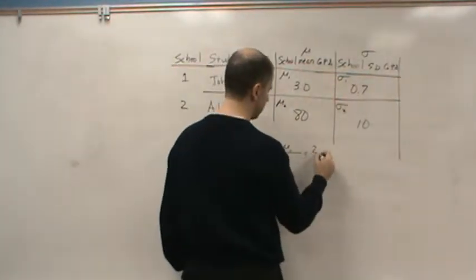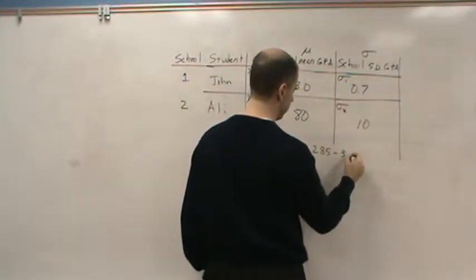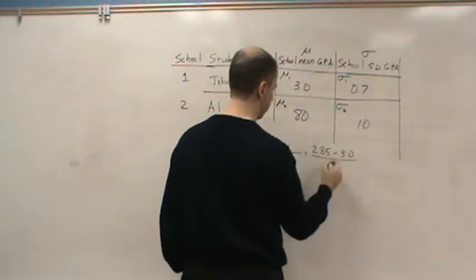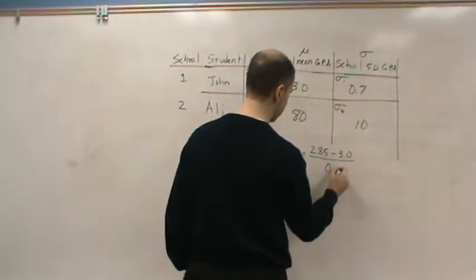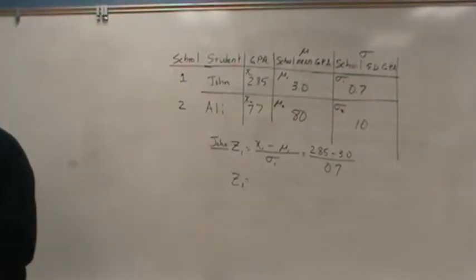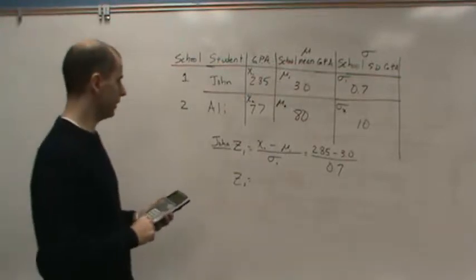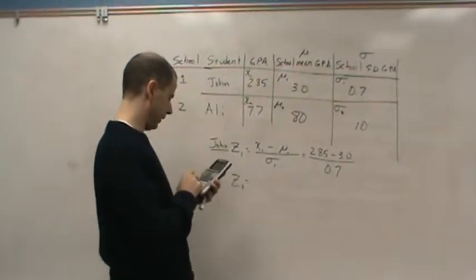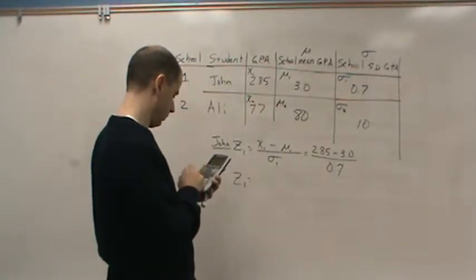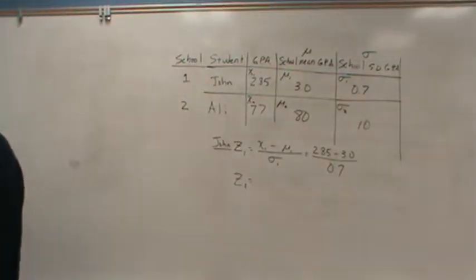So 2.85 minus the mean, which is 3.0, divided by the standard deviation, which is 0.7. If I calculate this, 2.85 minus 3 divided by 0.7, I get negative 0.21.